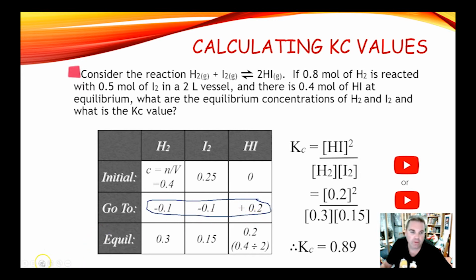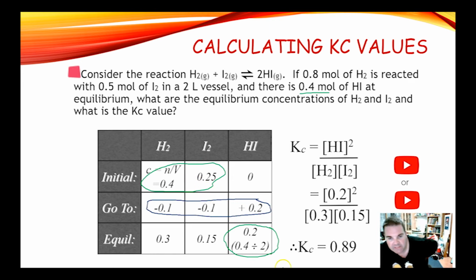The only things that you actually put in are your initial values. These ones here we get from the equation up here, and we also get that there is 0.4 moles of hydrogen iodide at equilibrium. So this is the other value that we put in. The green ones are our starting values, and we use those to fill in the blue ones in the middle.